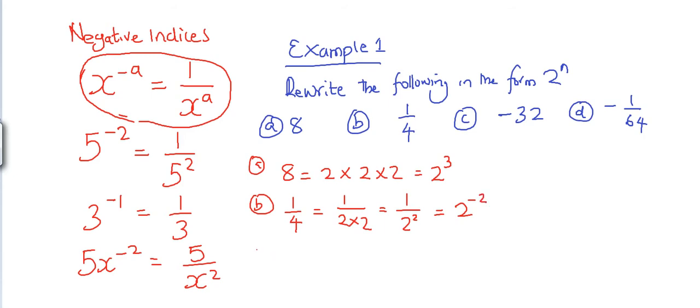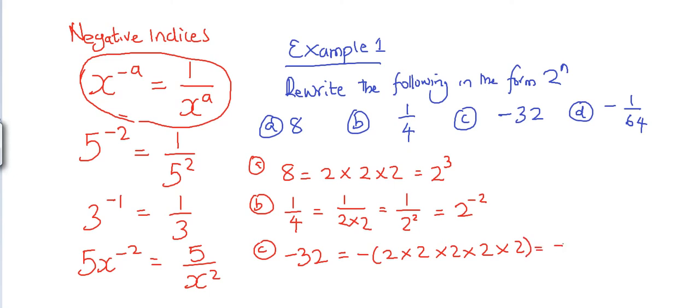Okay, so C can be written as minus 32 equals minus bracket 2 times 2 times 2 times 2 times 2. So 2 times 2 is 4, 4 times 2 is 8, 8 times 2 is 16, 16 times 2 is 32.